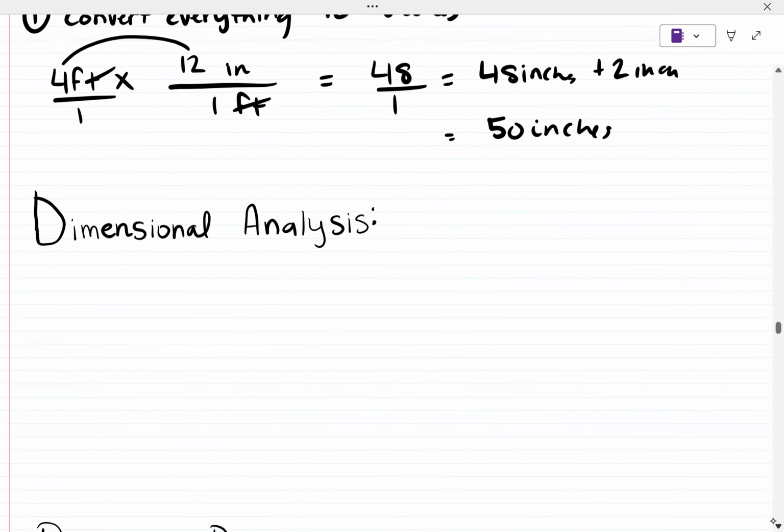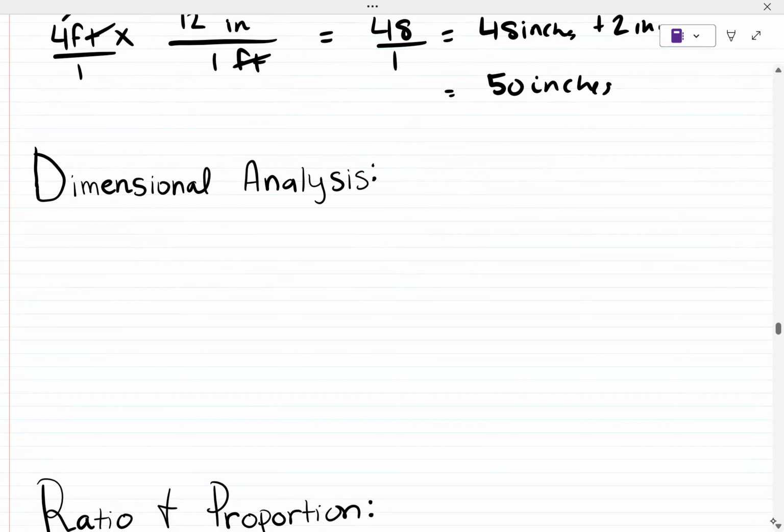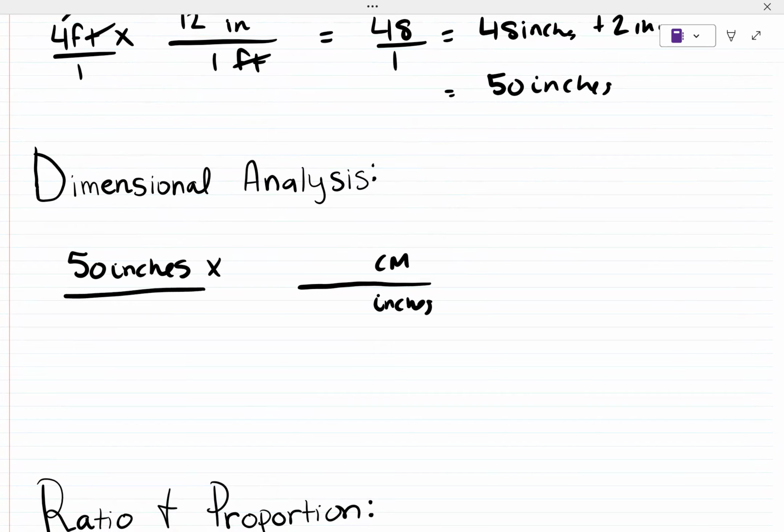So start with dimensional analysis. 50 inches times a fraction, inches on the bottom, centimeters on the top, and then an invisible one. So what's the relationship between inches and centimeters?